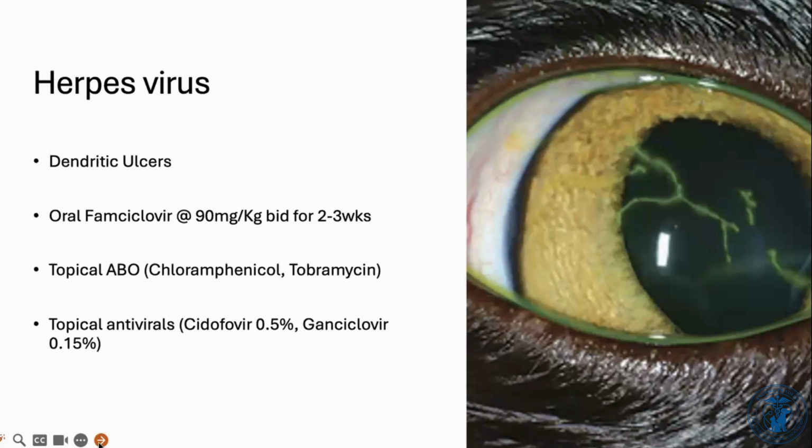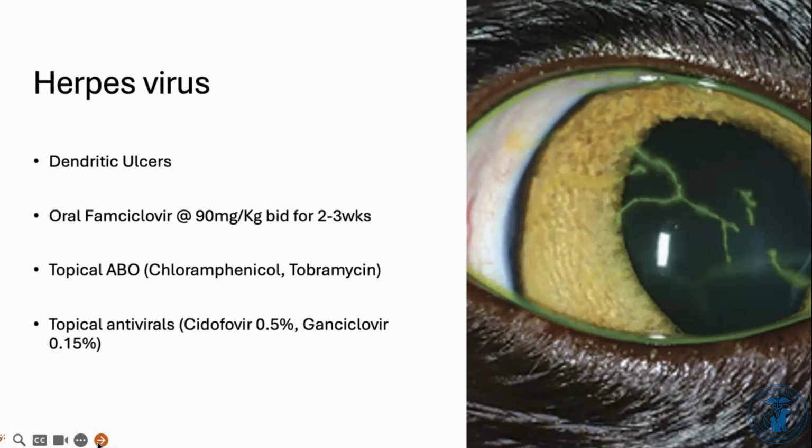And the treatment will be topical antibiotics. I usually go for the chloramphenicol applicaps for such cases. Along with that, if it is not getting better, I go for oral famciclovir at the rate of 90 mg per kg BID for 2 to 3 weeks. Even if the cat is getting better, sometimes, if I feel that the cat's immunity is not good, I go for 2 weeks after recovery also.